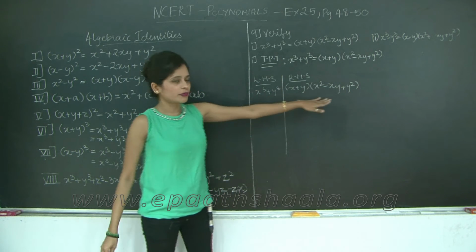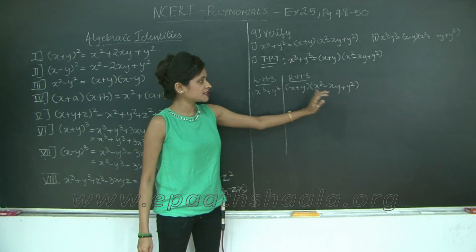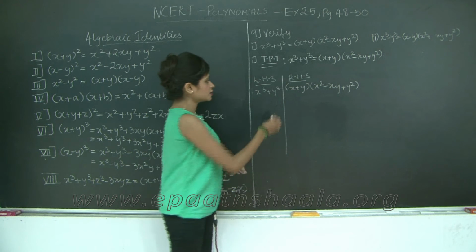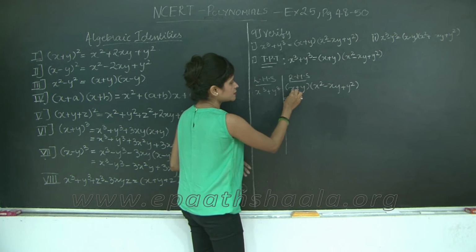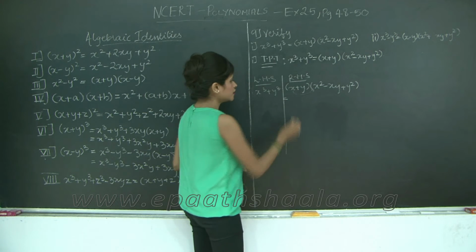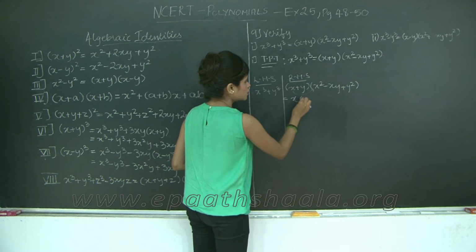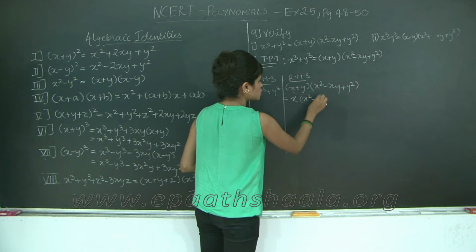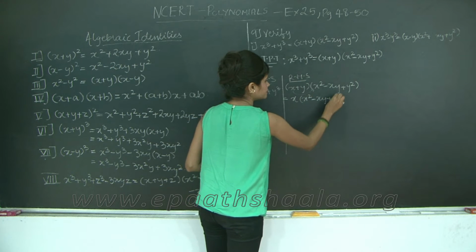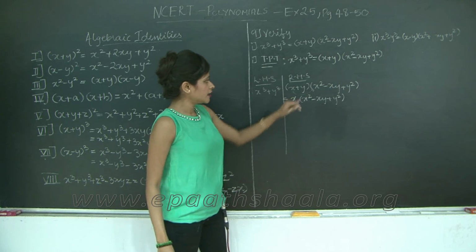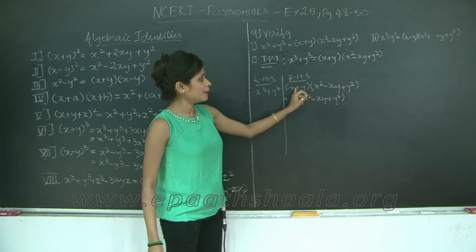So, I am going to open the brackets and multiply each of these terms with the other bracket. So, this is nothing but equal to, first I am taking x with this entire bracket. So, this is going to be equal to x into x square minus xy plus y square. Now, I am going to take y, but this is a plus y.